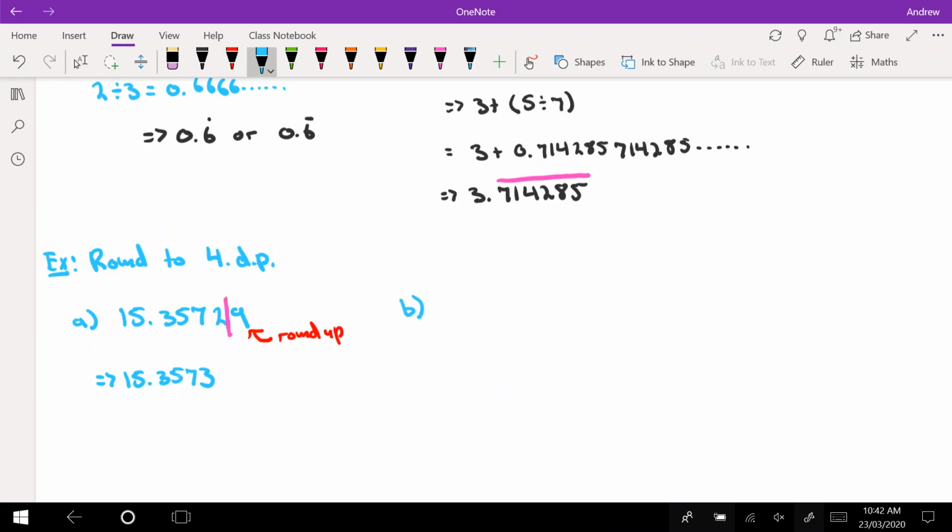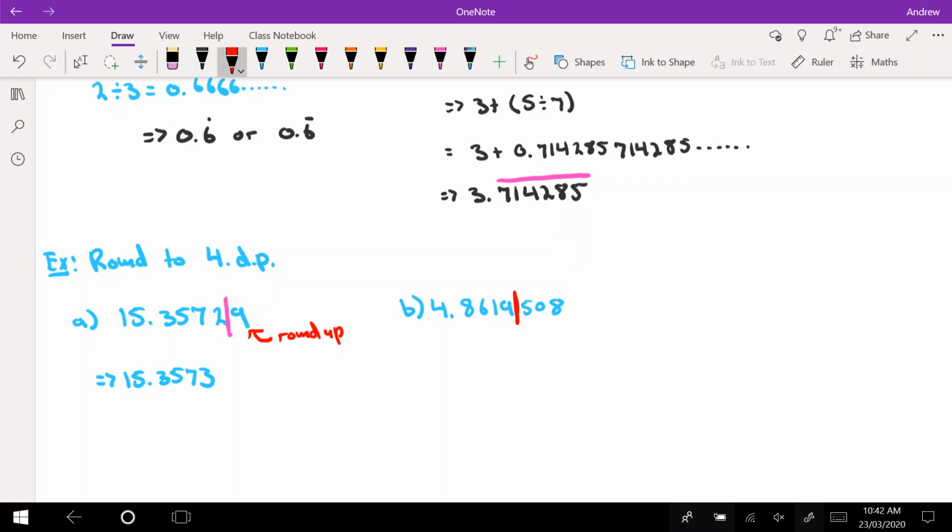B. 4.8619508. Now, I'm rounding to 4 decimal places. So, Sean, where should I be drawing that door? Behind what number? 9. 9 is my 4th decimal spot.